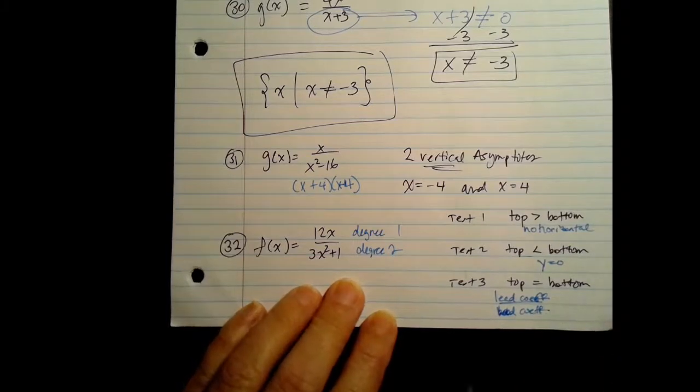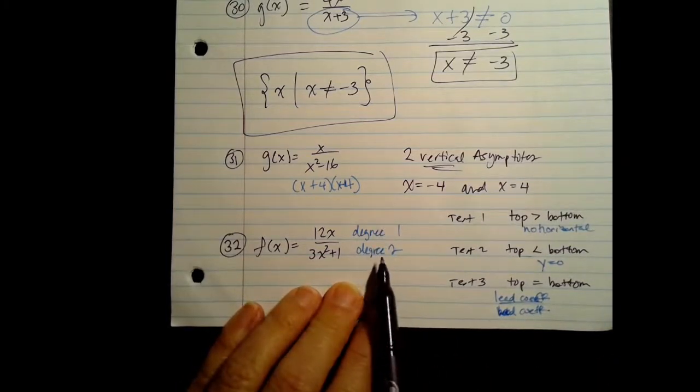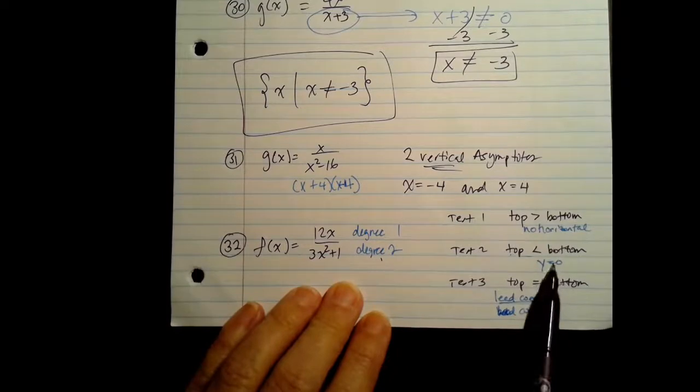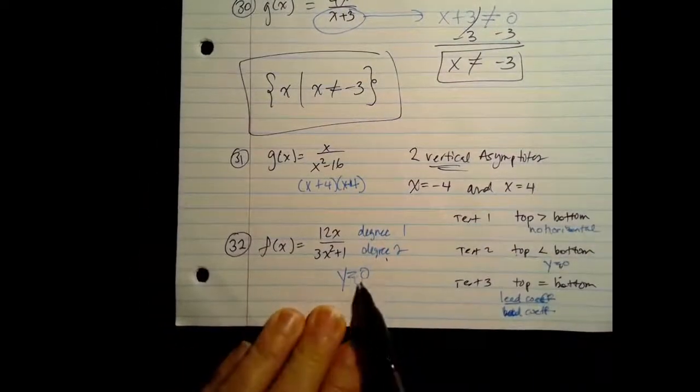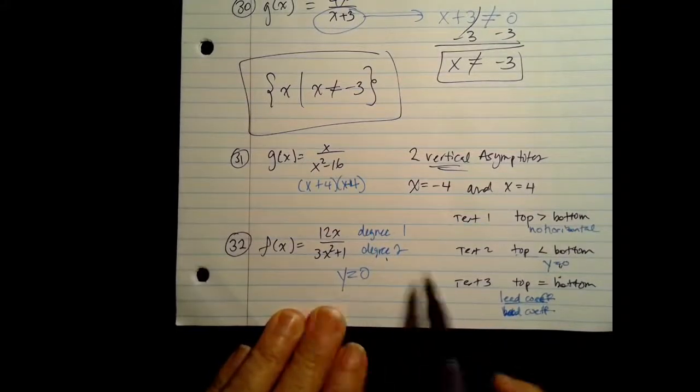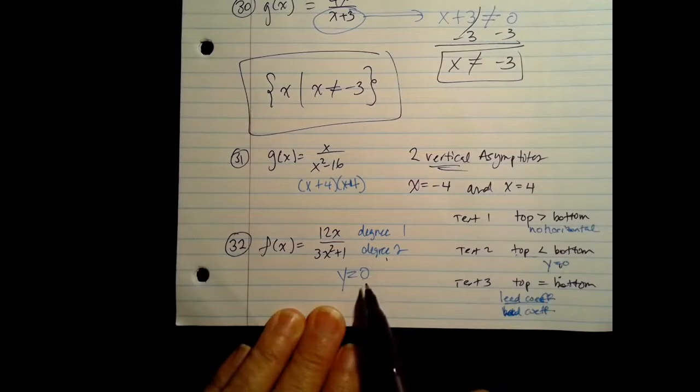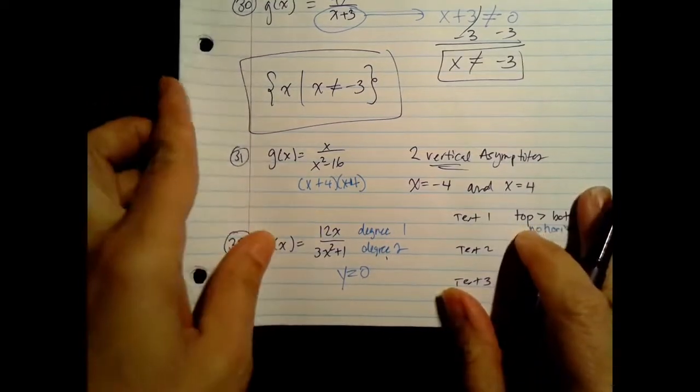So in this case, my degree on top is smaller than my degree on bottom, so my horizontal asymptote is y equals 0. And remember that asymptote y equals 0 is the x-axis.